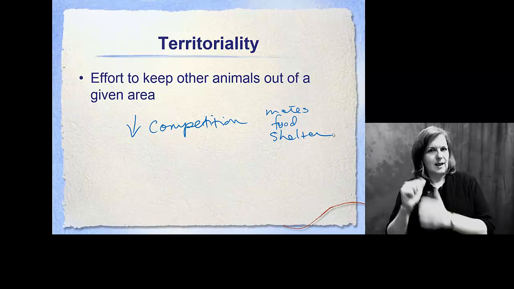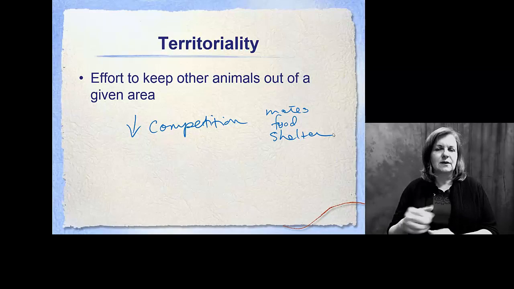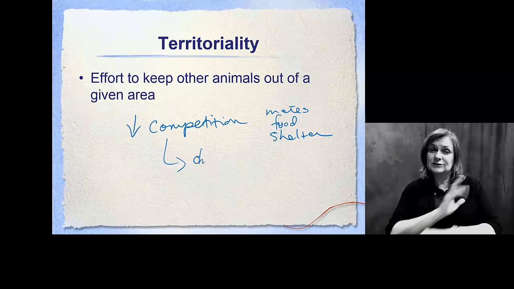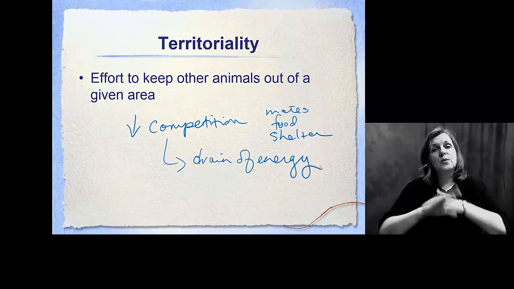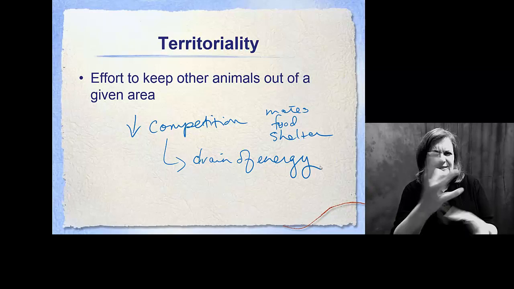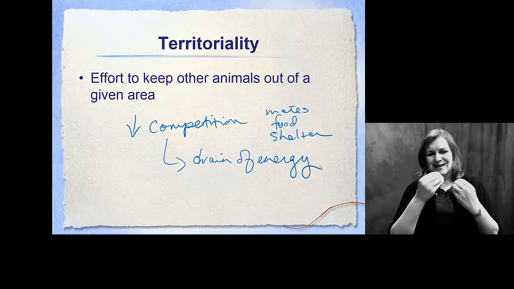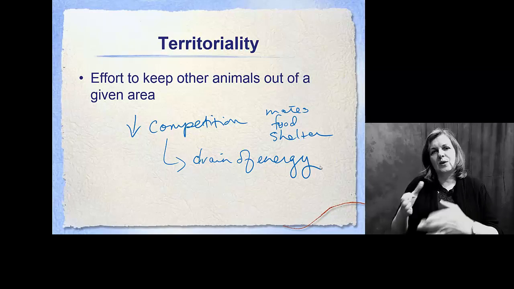Even if you're the winner, competition is still bad. Why? We look at competition as being a drain of energy. If you had to always fight for your food when you walked into a restaurant, you may not spend so much time at that restaurant. It's going to be a drain on you. There are easier resources.